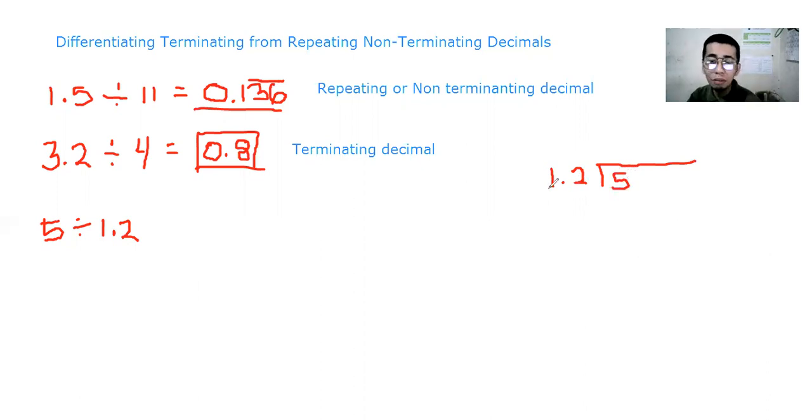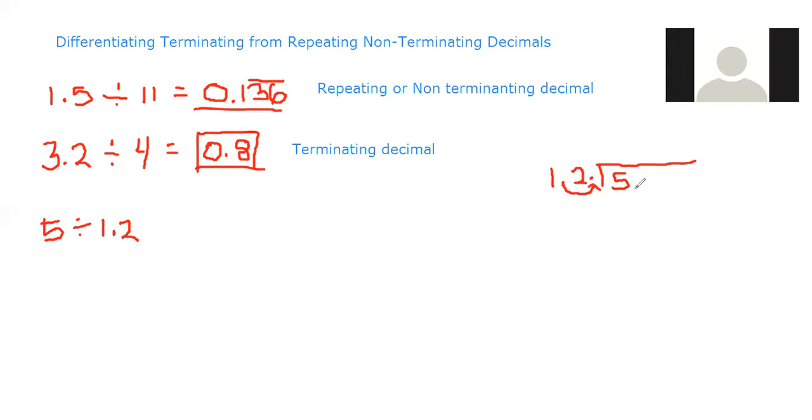So, meron tayong decimal point dito sa ating divisor. So, we're going to move the decimal point ng ating divisor dito. Okay? Isang beses tayo nag-move. So, nasaan ang decimal point ni 5? Nasa right side ba or nasa left side?